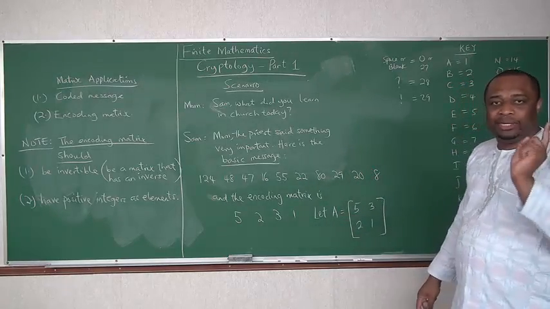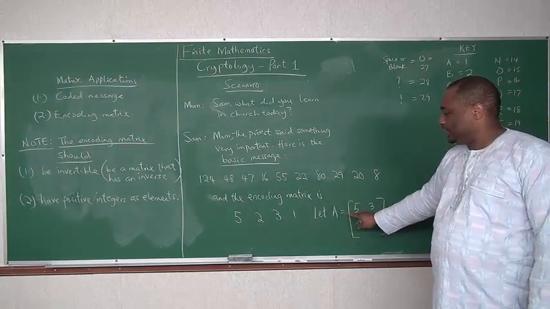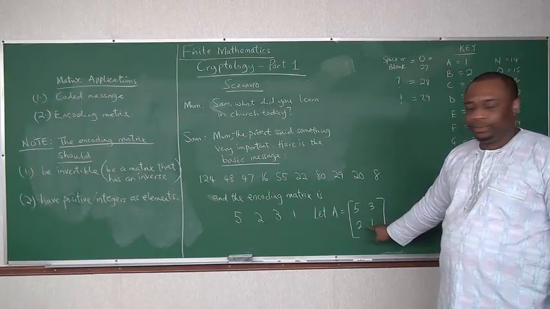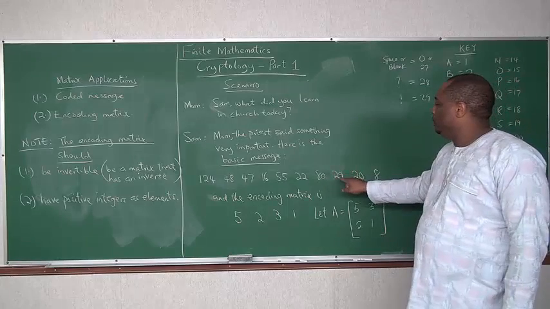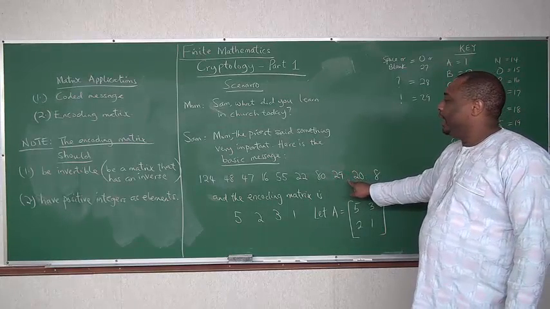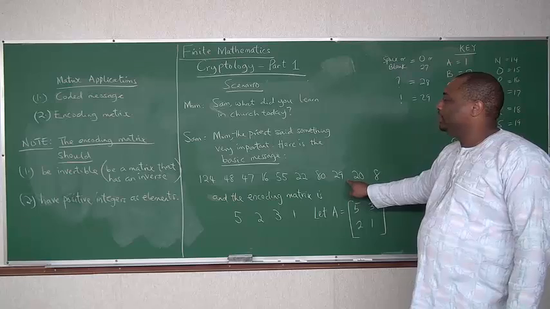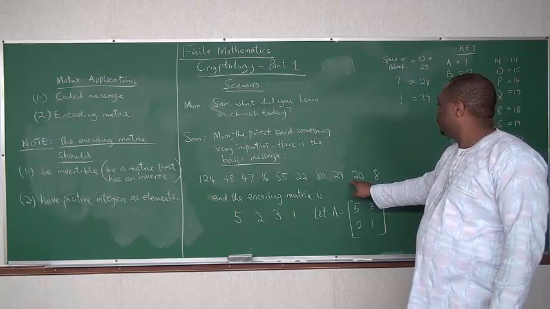So the first thing you want to do is this. You want to find what type of matrix the encoding matrix is. You put it here. It is a 2 by 2 matrix. Then you put the message in matrix form.